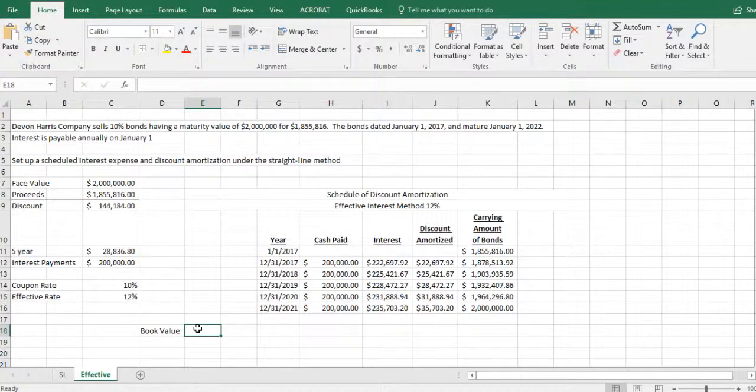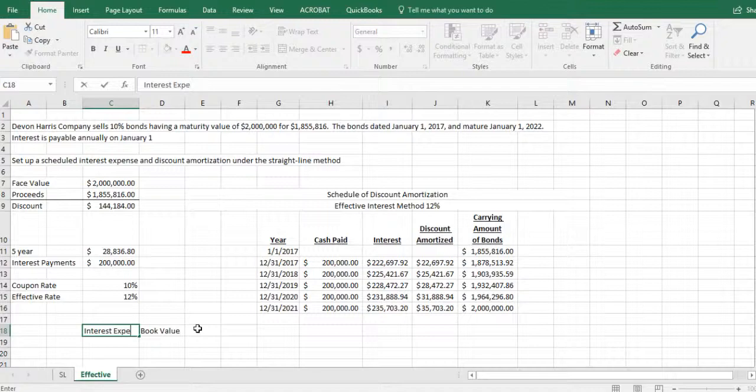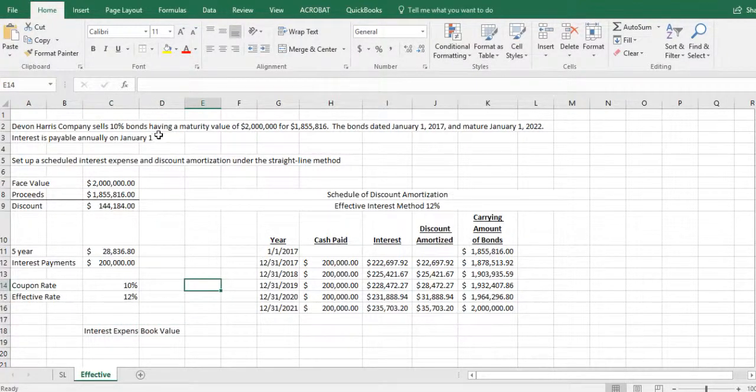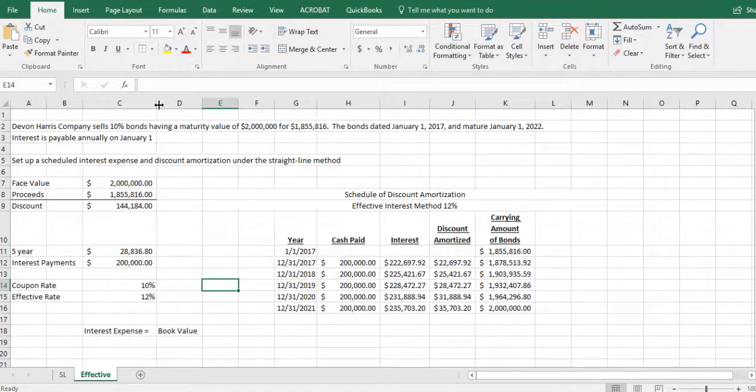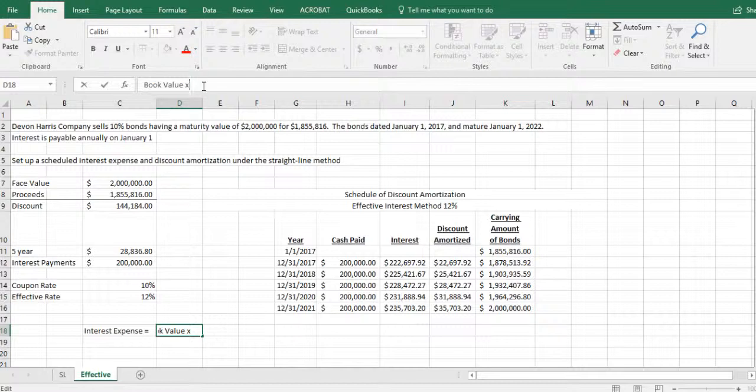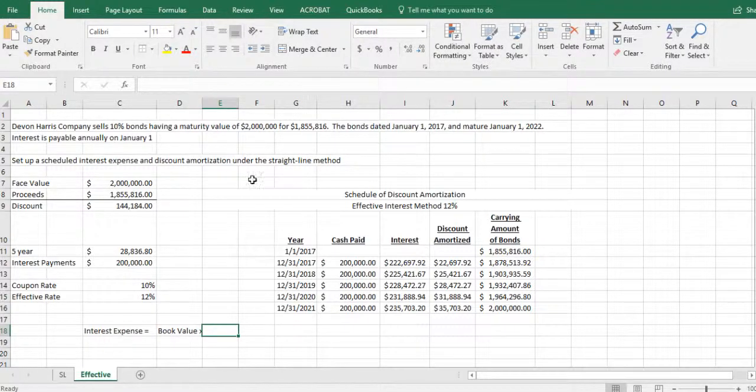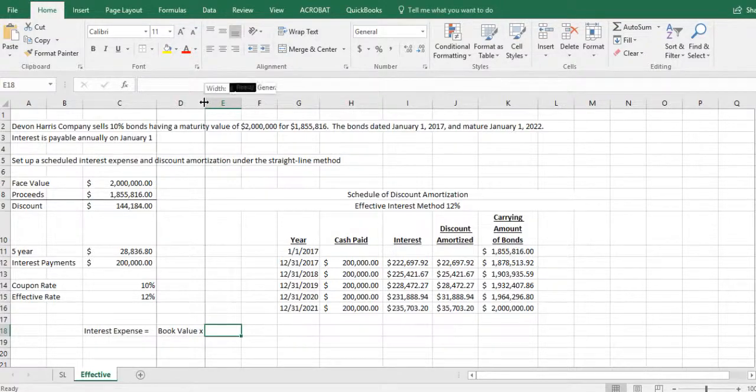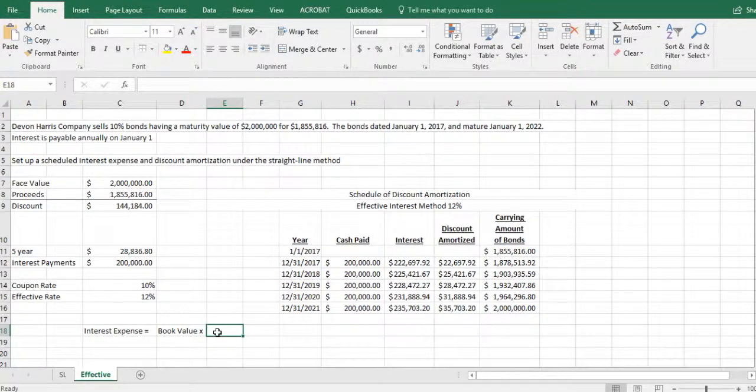That is going to be interest expense equals book value multiplied by the effective rate.